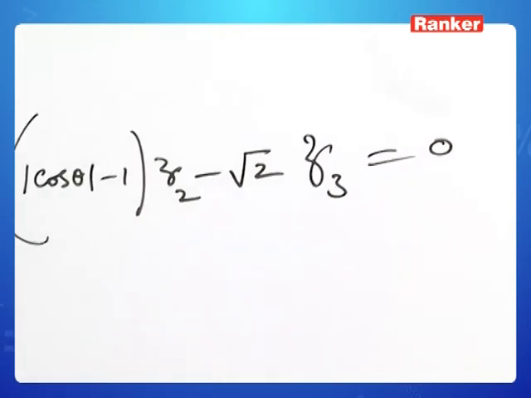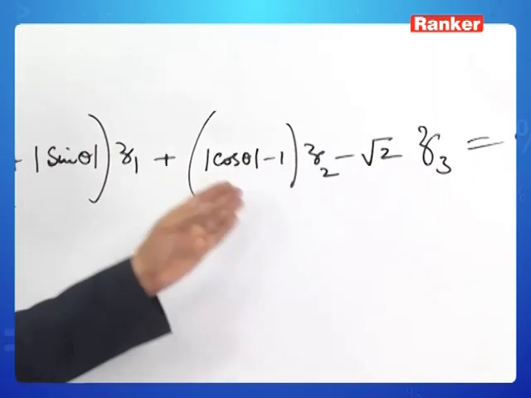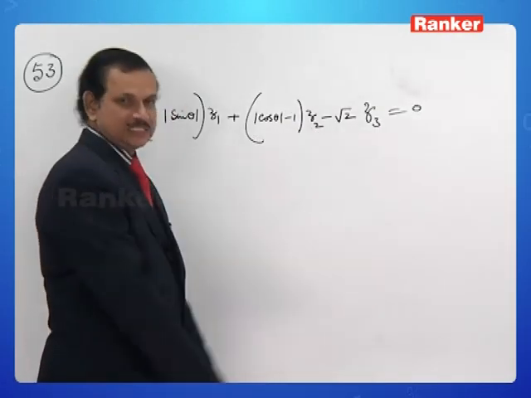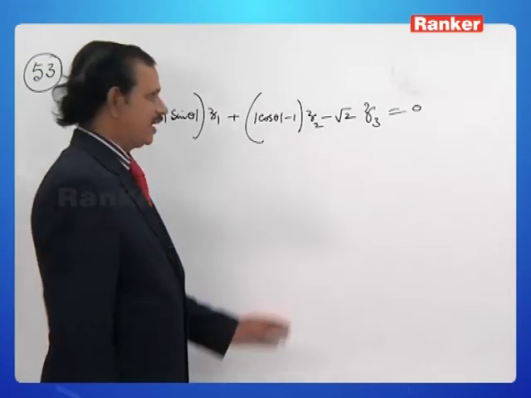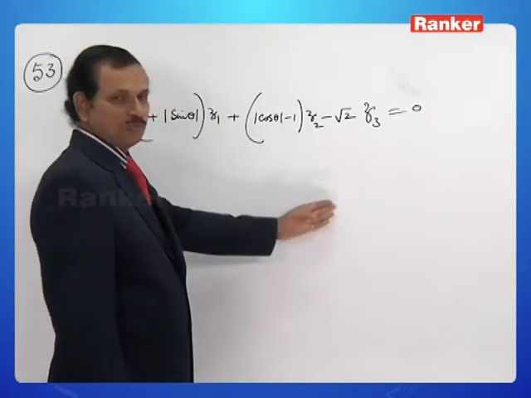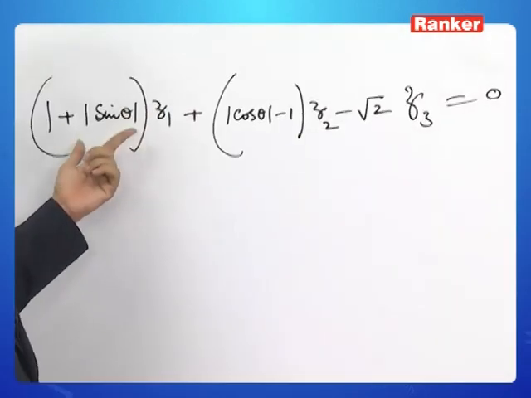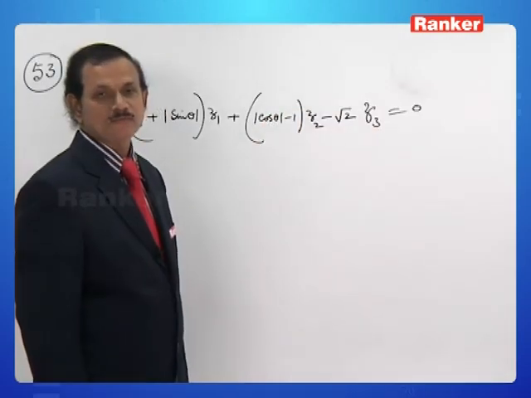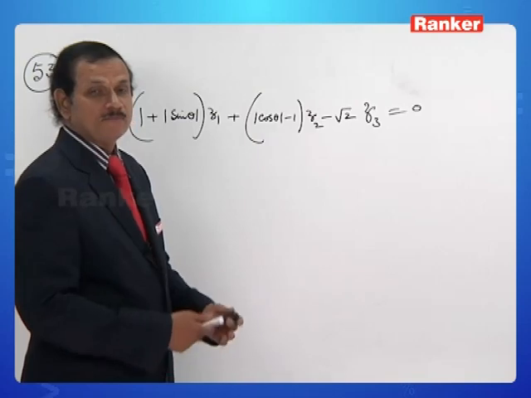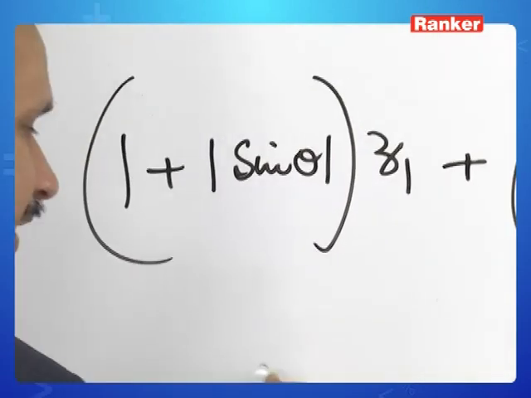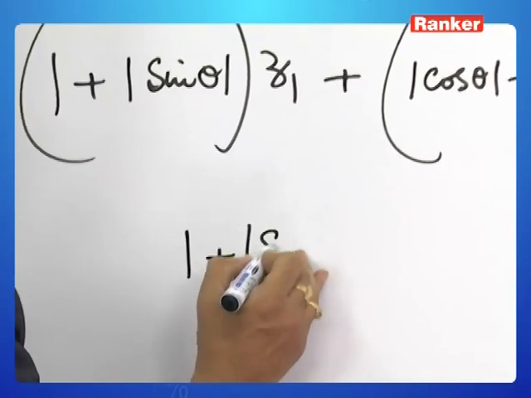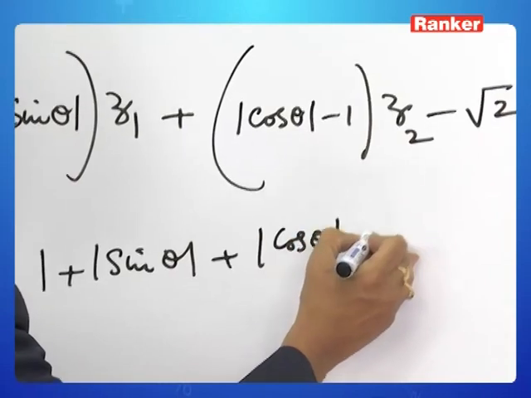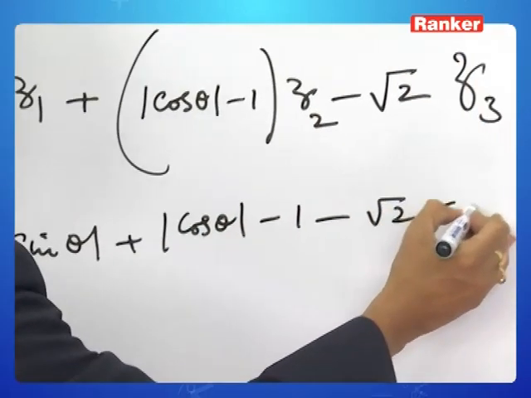In the data itself, we are given that Z1, Z2 and Z3 are collinear, and as we have just discussed, we have a relation AZ1 plus BZ2 plus CZ3 is equal to 0, with A equal to 1 plus mod sin theta, B equal to mod cos theta minus 1 and C equal to minus root 2. What can you use? A plus B plus C is equal to 0. That is, 1 plus mod sin theta plus mod cos theta minus 1 minus root 2 is equal to 0.